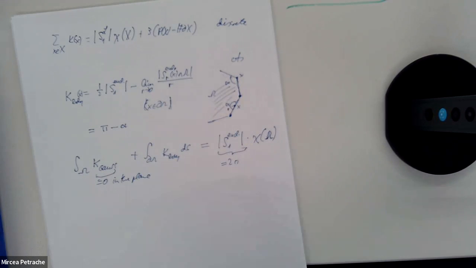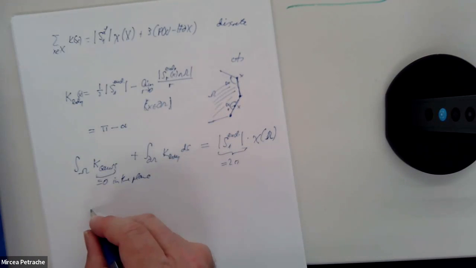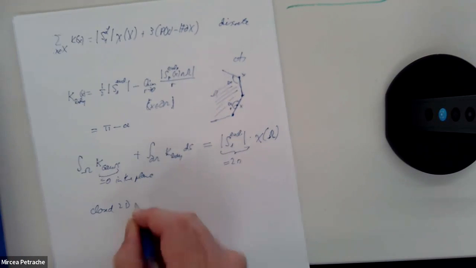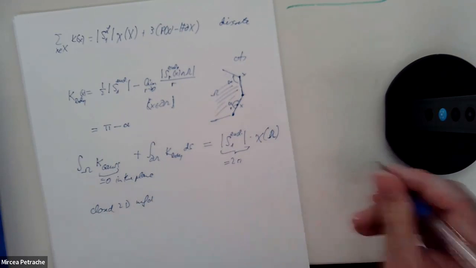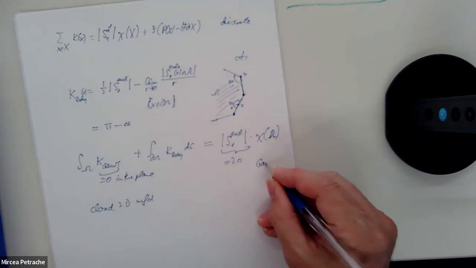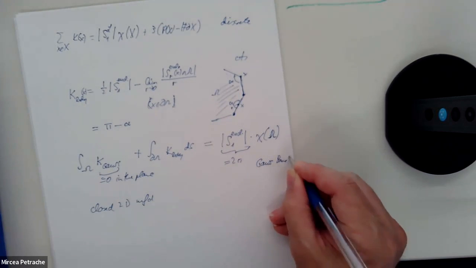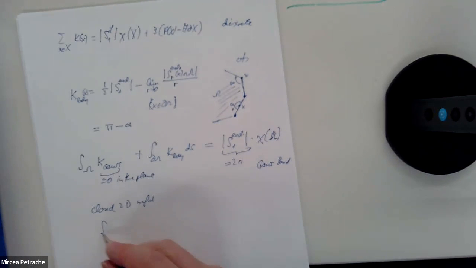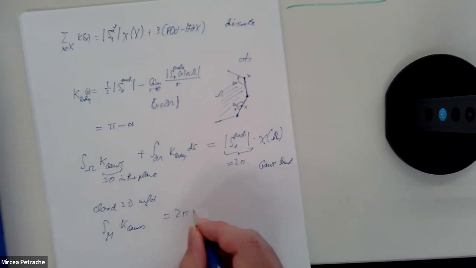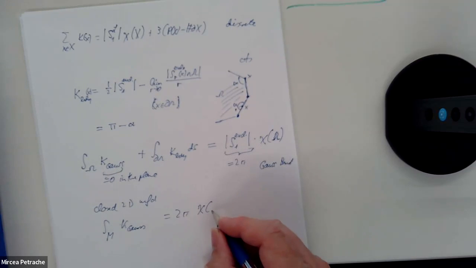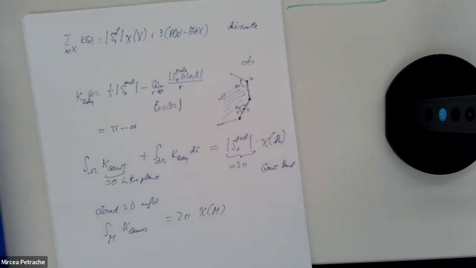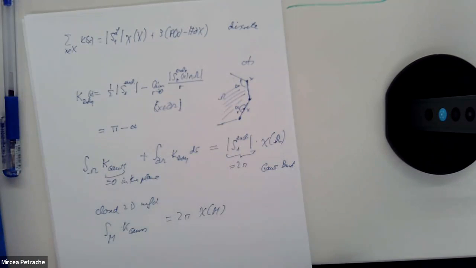So for example, if you have a closed 2D manifold, this is Gauss-Bonnet, and so for a closed 2-dimensional manifold, the integral over M of the Gauss curvature is just 2 pi times the Euler characteristic. Okay, so that's how these formulas are connected. Okay, so here we go.